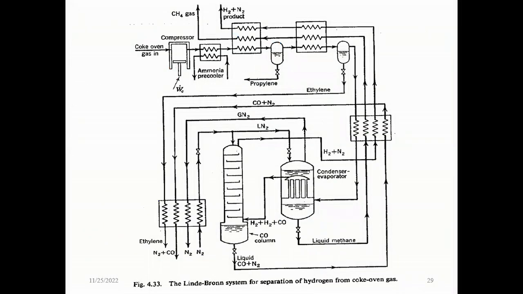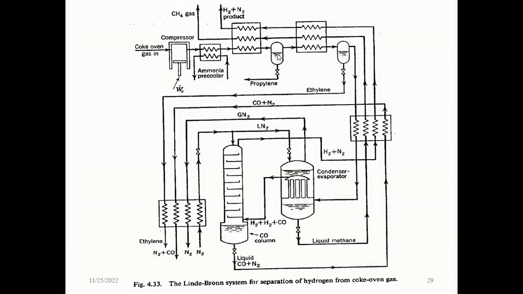Okay, this is the diagram, which is the Linde-Braun recovery system. It is for the separation of hydrogen from the coke oven gas. There are several streams, as you can see here. Incoming coke oven gas enters a compressor and then gets separated in the ammonia pre-cooler.